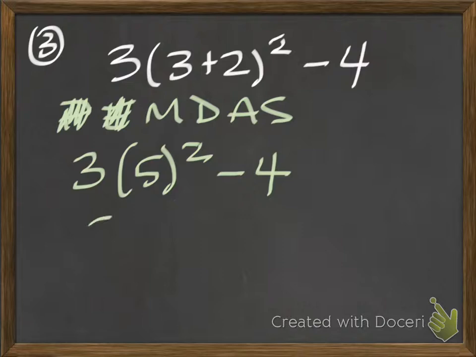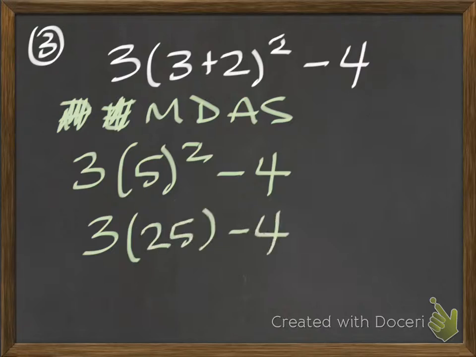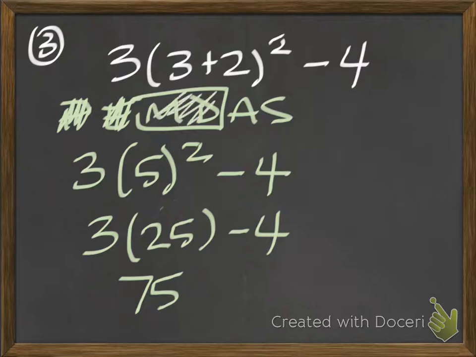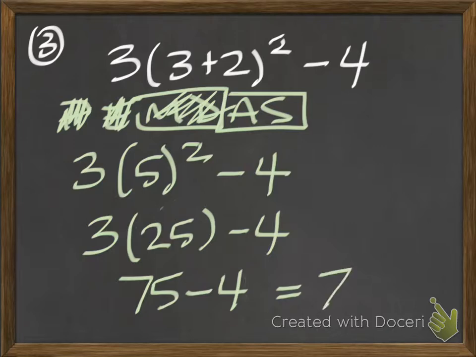I do. 3 times 5 squared is the same as 5 times 5, so that's times 25 now, minus 4. Do I have multiplication and division? I do. I have it right here at the 3 times 25. That's 75. That's done. And I have some addition and subtraction now. Let's subtract the 4. That equals 71.